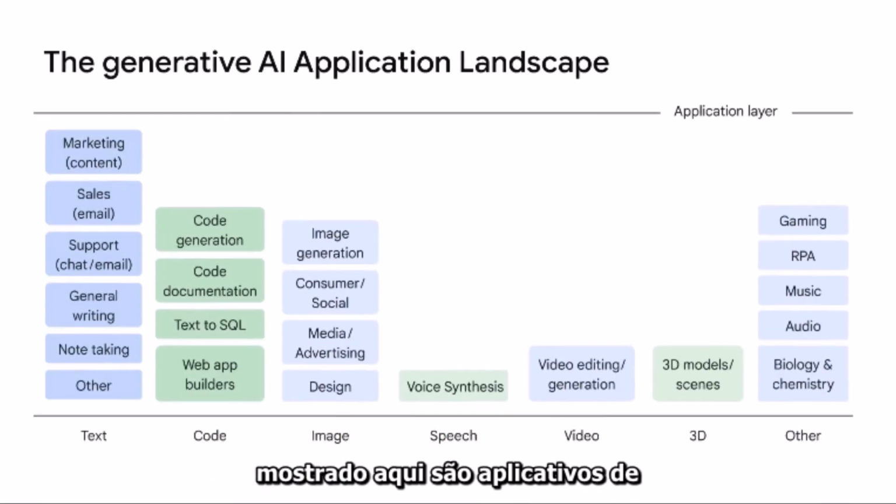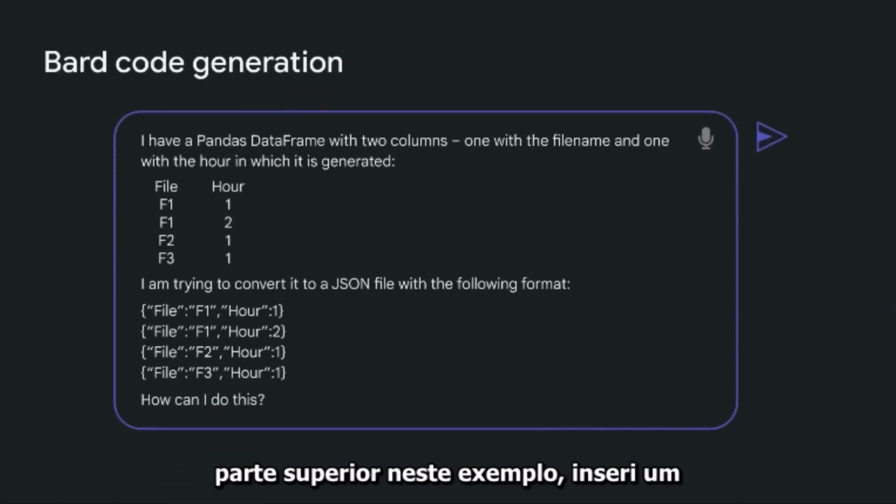Shown here are Gen AI applications. Let's look at an example of code generation shown in the second block under code at the top. In this example, I've input a code file conversion problem, converting from Python to JSON. I use BARD and I insert into the prompt box the following.